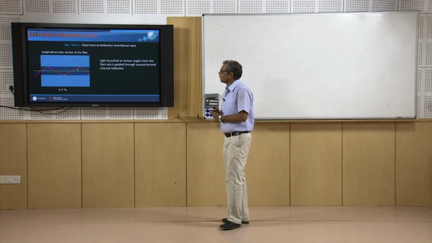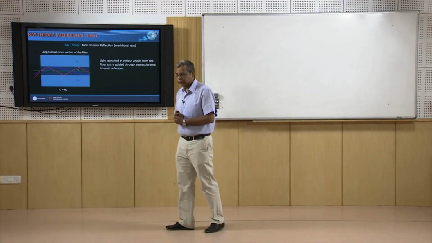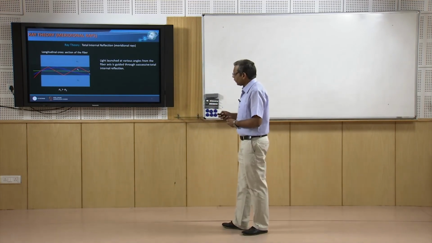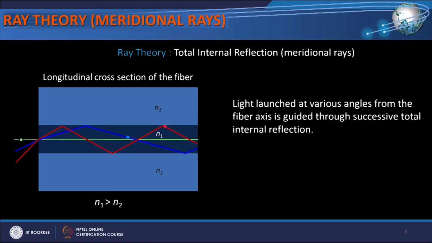Now, let us look at light guidance by meridional rays. If I launch light at various angles into this fiber, this is a longitudinal cross section of the fiber, then the rays launched at different angles will be guided through successive total internal reflections.